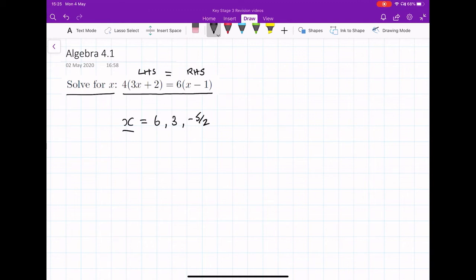So let's take a look at our original equation. What we've got is 4 times 3x plus 2 equals 6 times x minus 1. Now, if we're going to get x on its own, we're going to have to remove those brackets.